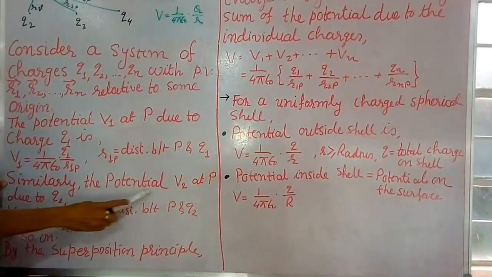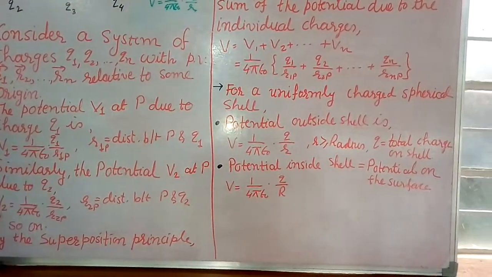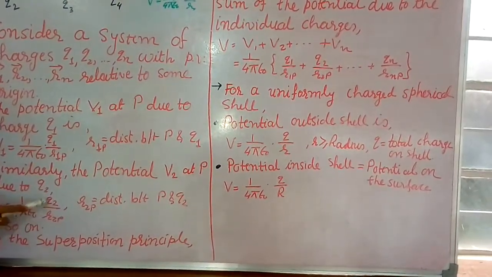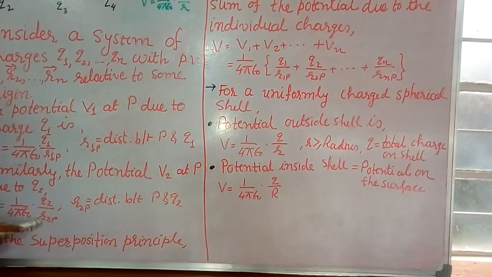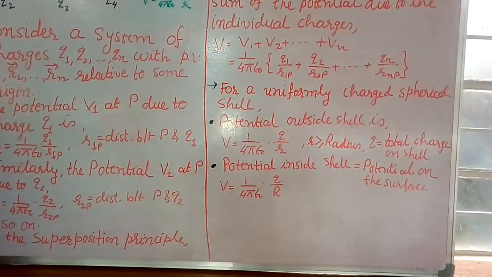Similarly, we can find the potential V2 at P because of charge Q2. V2 is equal to 1 by 4 pi epsilon naught Q2 by R2P, where R2P is the distance between P and Q2.